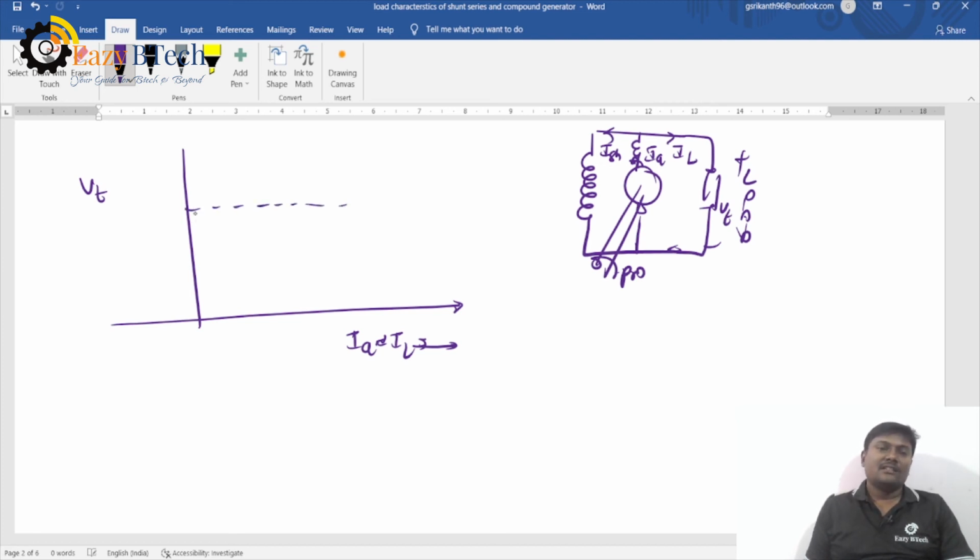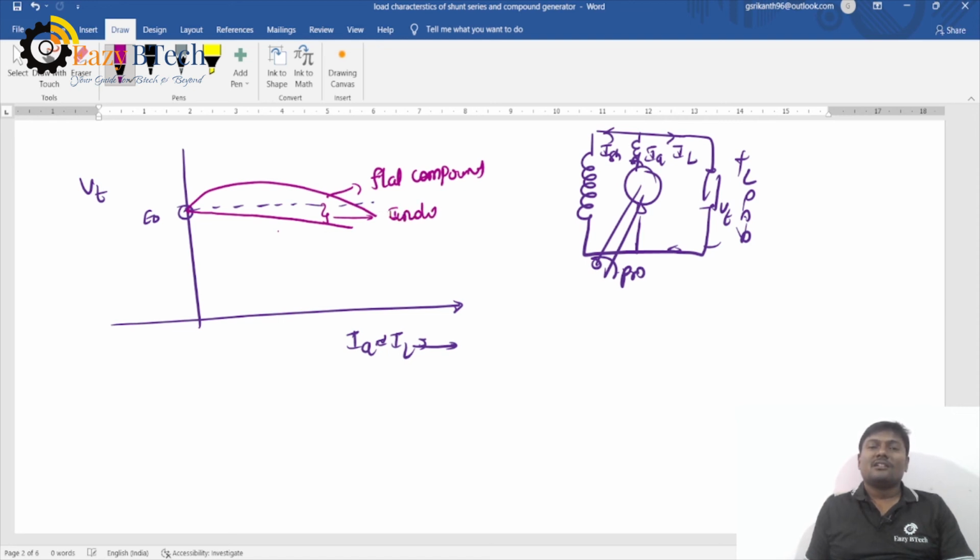I am taking E0 as the reference here. If you go for the under compound, from no load to full load the terminal voltage drop will be minimum. So you can observe this is the under compound machine.